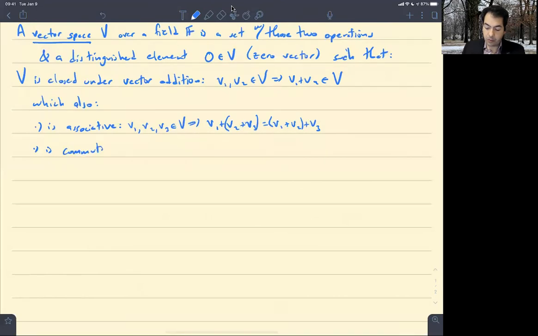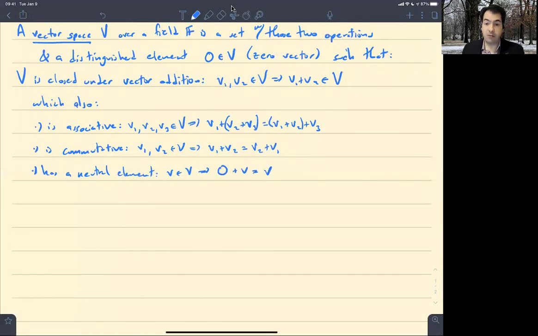This is also commutative, so you don't have to worry about whether you're adding on the left or the right. If you have any 2 vectors, then v1 plus v2 is the same as v2 plus v1. This has a neutral element. As we mentioned above, 0 serves as a neutral element, which means if you do 0 plus v, you get v for any vector v in the vector space.